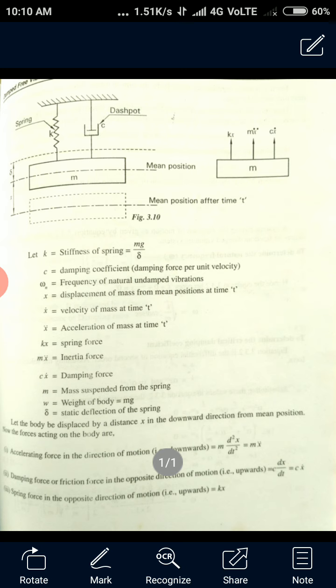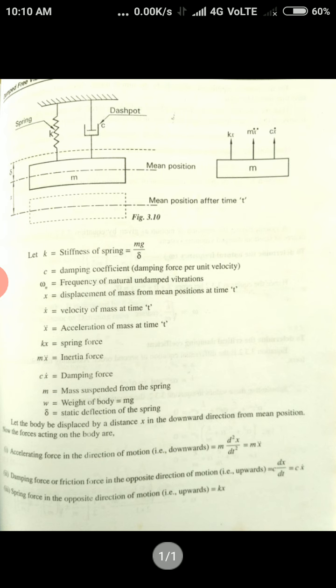Inertia force is opposite to the accelerating force, that is mx double dot. And the damping force due to the damper, which depends on velocity, is cx dot. So these are the three forces acting on the system: spring force kx, inertia force mx double dot, damping force cx dot.